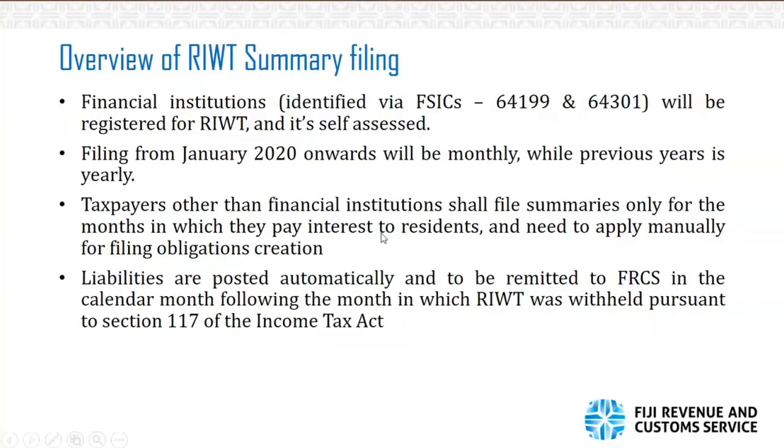The liabilities will be posted automatically when the summary is filed and are to be remitted to FRCS in the following calendar month, the month following the one in which the RIWT was withheld.